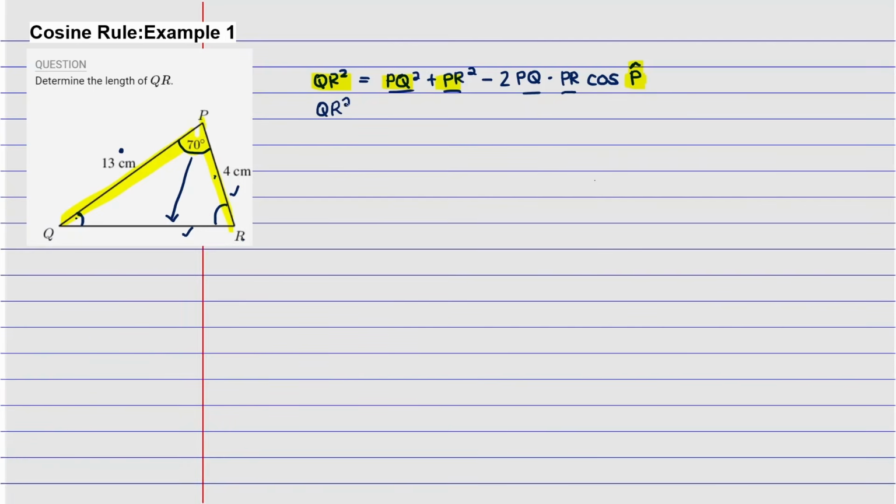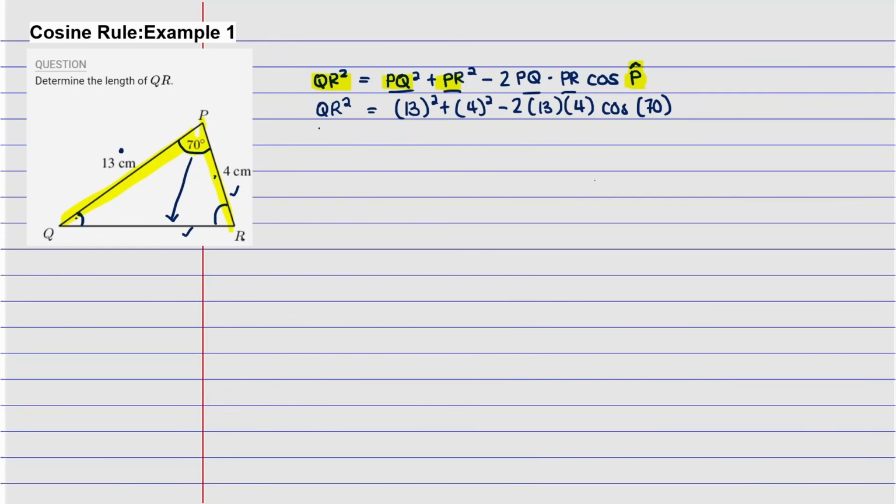So QR squared is equal to PR, which is 13, so 13 squared plus 4 squared minus 2 times 13 times 4 times cos, and this is 70 degrees.